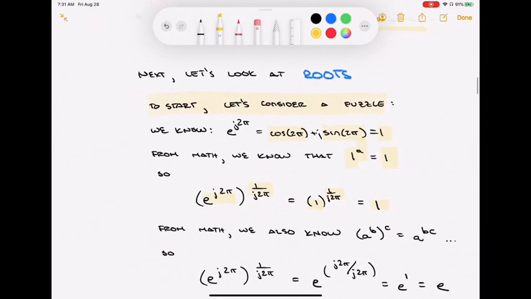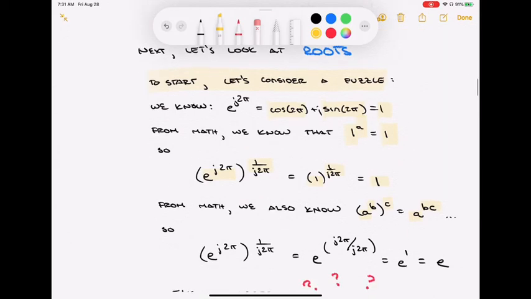Well, we also know something else from mathematics. If I have a number, call it a, and I raise that to an exponent b, and then I take that whole quantity and raise it to the c, rules of exponentiation say that's the same as taking a raised to the product b times c. So I can multiply those two exponents and use that as my exponent for a. Let's go back and look at what we had before.